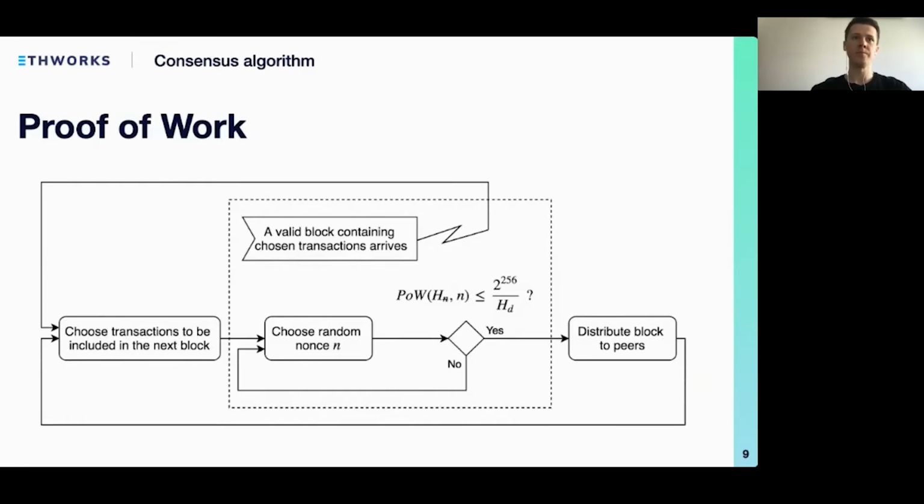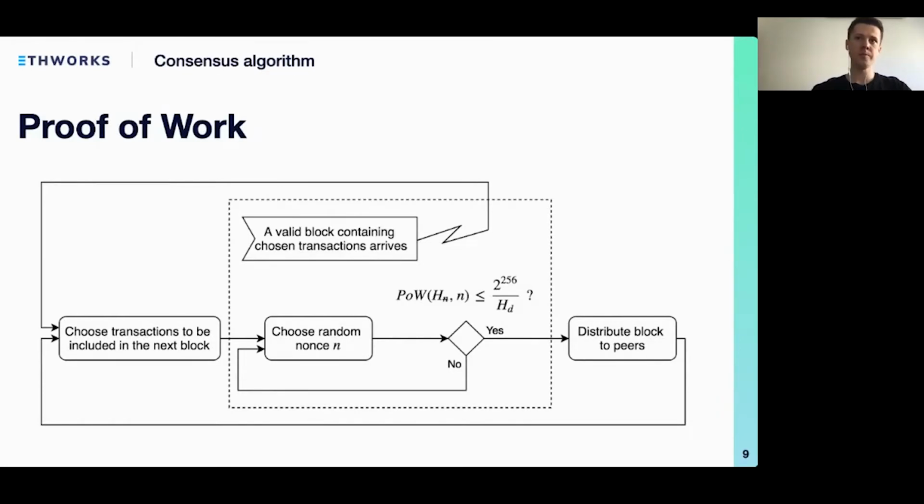When he picks transactions, he then needs to solve a computational problem. And only after he does it is he allowed to add a block to the blockchain. Why solve such a problem?